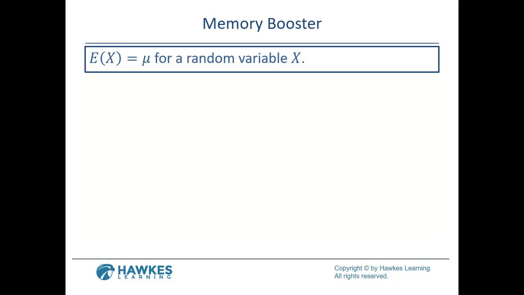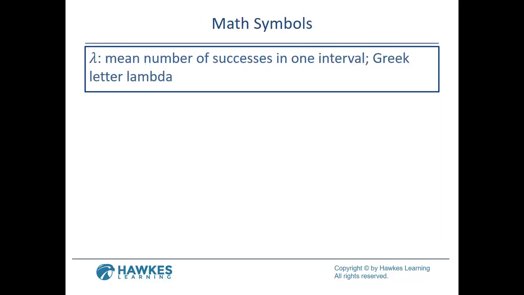Another thing to remind yourself is that E of x is our mean, the expected value of the random variable x. We learned this back in an earlier section. So that expected value, E of x, is the mean.